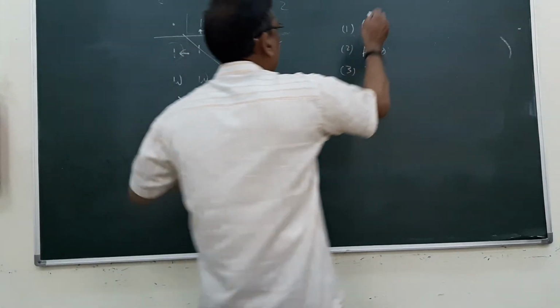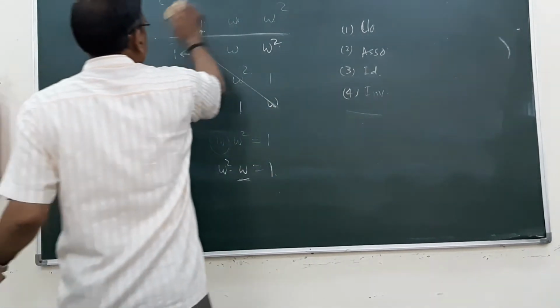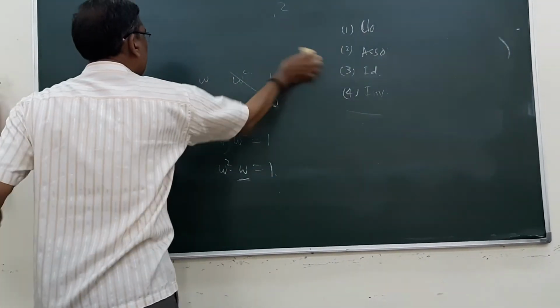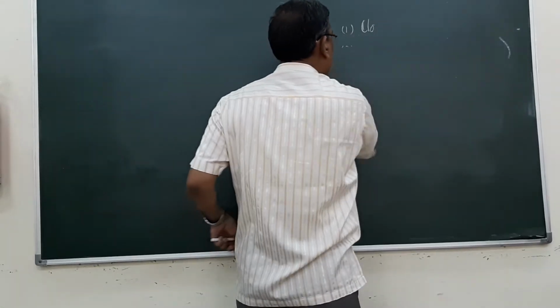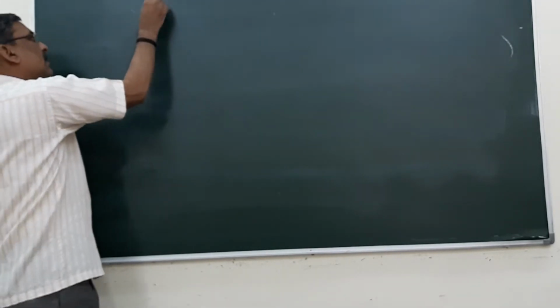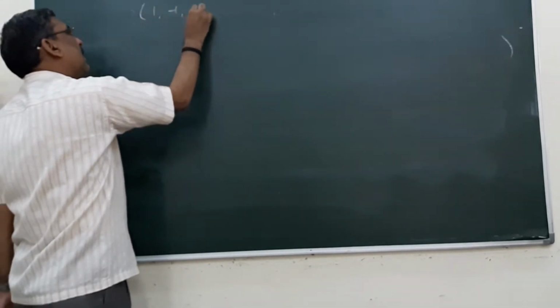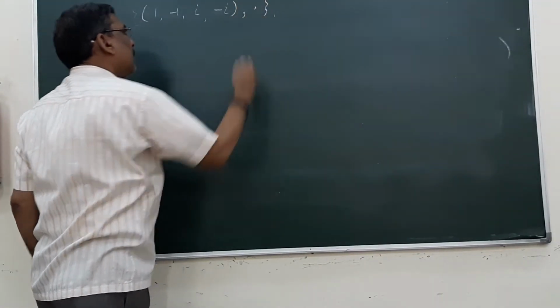This structure can be seen by this example also. These two examples play a vital role to understand the algebra. The first example that I have taken, and the second one is 1, minus 1, iota and minus iota, under multiplication.